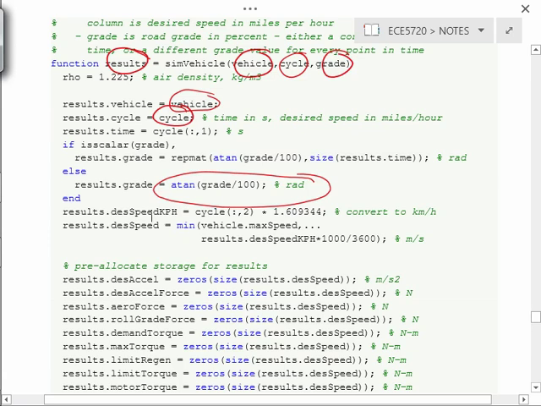Most of what we're doing is converting first the profile of speed versus time, which is usually given in miles per hour, to metric because all of our equations are in metric. So I convert to kilometers per hour, and then I also can limit the desired speed to the maximum vehicle speed.